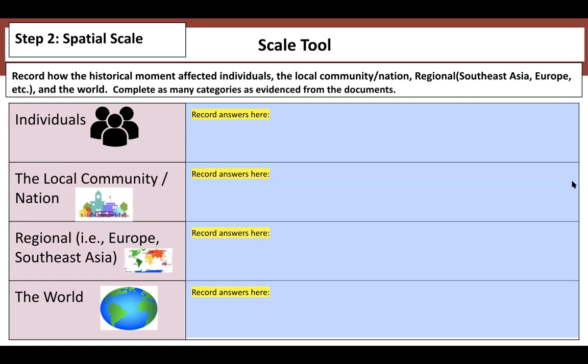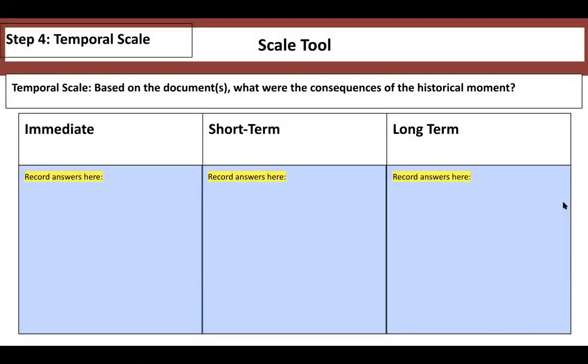So once students have looked at how this impacts things spatially, and how people and nations and even the world were impacted by this, then we're going to ask students to shift gears a little bit and look at this event temporally. Ideally, once again, I would use some documents. What were the consequences of the historical moment?